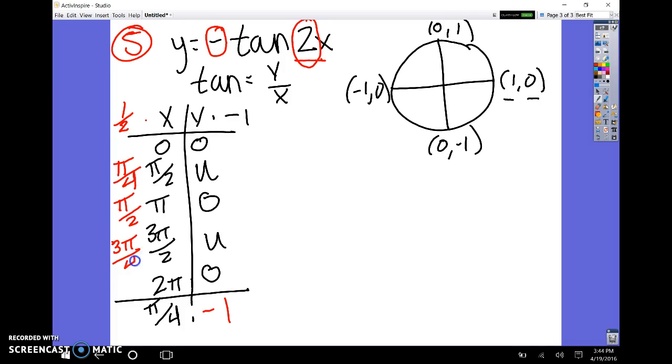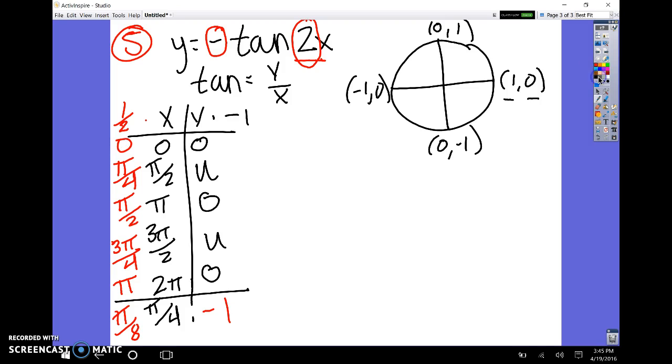Yeah, 4. And our 2 pi is just going to become pi. Now we do have to make that same transformation to our test point. So pi over 4 now becomes pi over 8, because 4 times 2 is 8. So my table's good. Oh, and 0 hasn't changed, in case you were wondering.